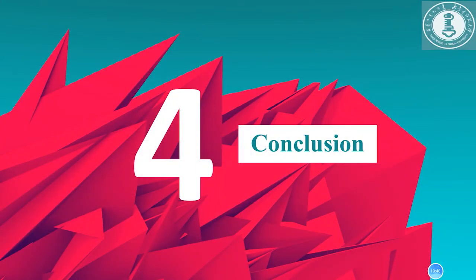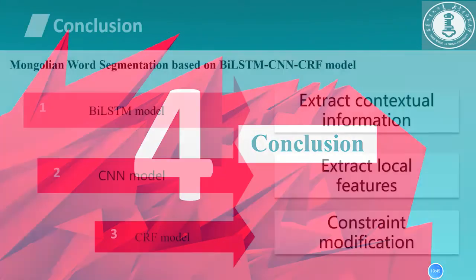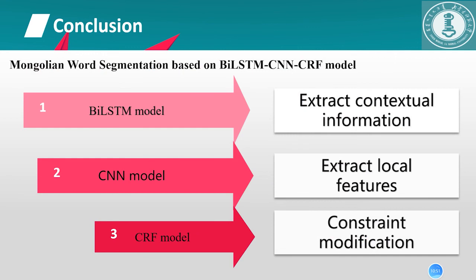The fourth part is my conclusion. In the Mongolian word segmentation task, the CRF layer is added after the BiLSTM layer in the model structure, which can learn the context information of sequence tags and the constraint rules between tags, thereby improving the word segmentation effect of the model.